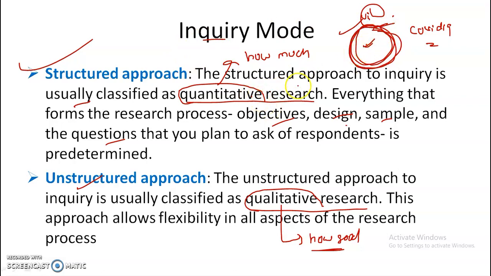While coming to the unstructured approach, here we are going into the nature of the problem. What is the nature of the problem? That means if any one person is affected, then what is the reason he is affected, and what are his habits, that means where he traveled in the past two weeks. So identifying the nature of the problem is nothing but an unstructured approach, fine.